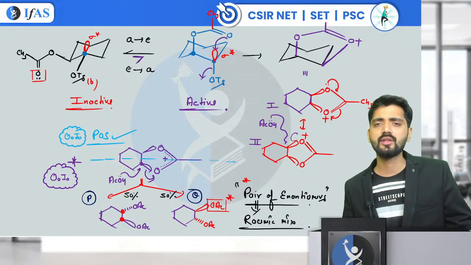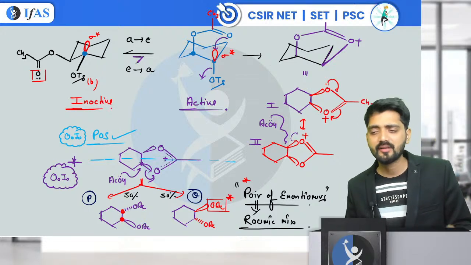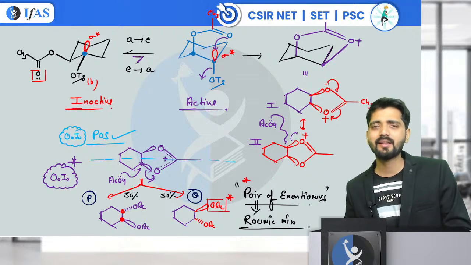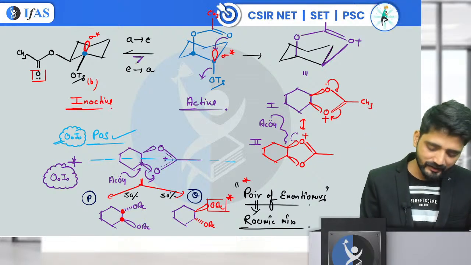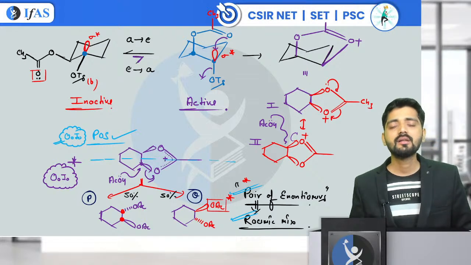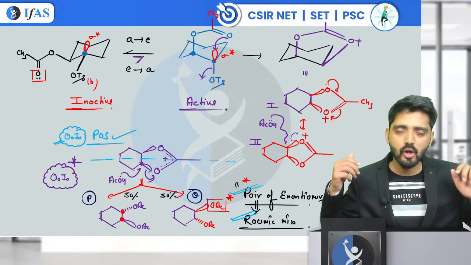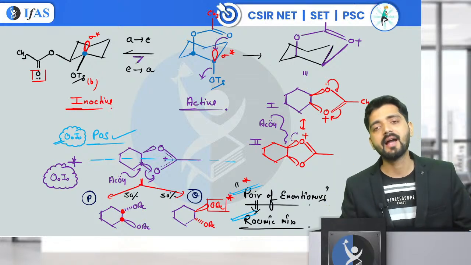No need to draw the product, no need to tell anything, check the relationship. Just looking at the cyclic intermediate, we can say yes, the products are going to be a pair of enantiomers and they are going to form a racemic mixture. The final solution will also be optically inactive.